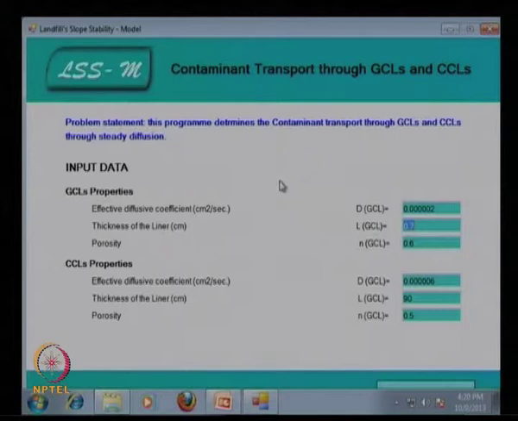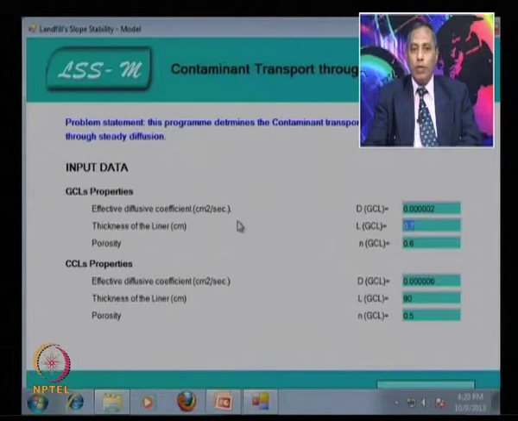is the problem statement. The program determines the contaminant transport through the GCL and the CCL by steady diffusion. The input data are the GCL property, the effective diffusion coefficient D for the geosynthetic clay liner, in centimeter squared per second, the thickness of the liner, L GCL, equal to 0.7 centimeter, and the porosity for the GCL, 0.6.